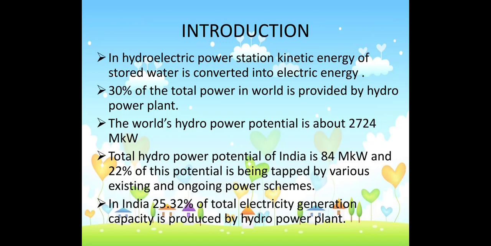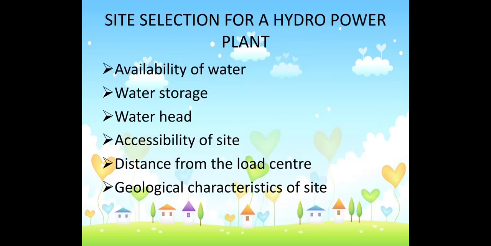The total hydro potential in India is 84 mega kilowatt, which is about 22% of the total potential energy compared to various other schemes. In India, 25.32% of total electrical generation is from hydro power plants.